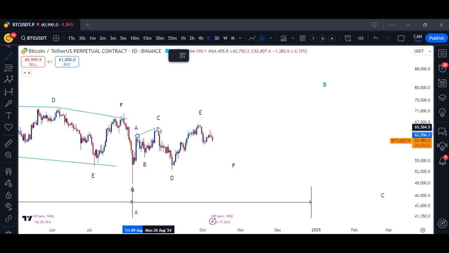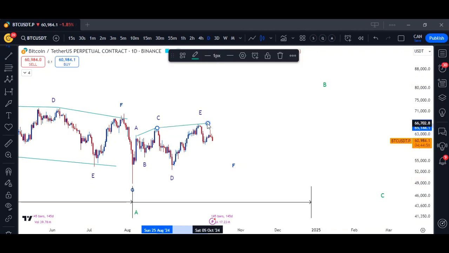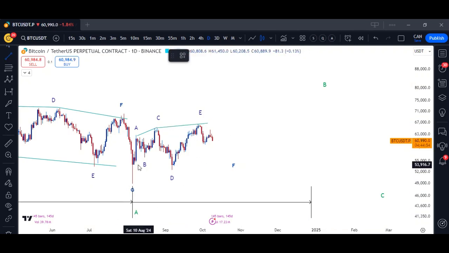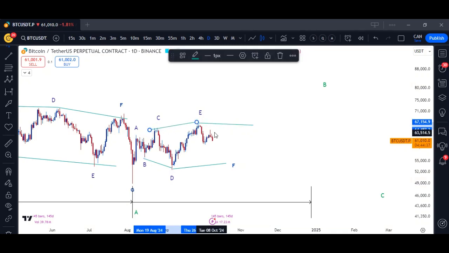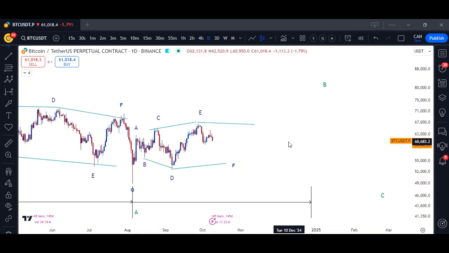Let me just draw these lines for you so you could actually have an understanding about the pattern that I'm talking about. As I said, these lines are just to give us a better understanding of how price is moving, okay? It doesn't have to be very accurate trend lines, because that's not the purpose of that.